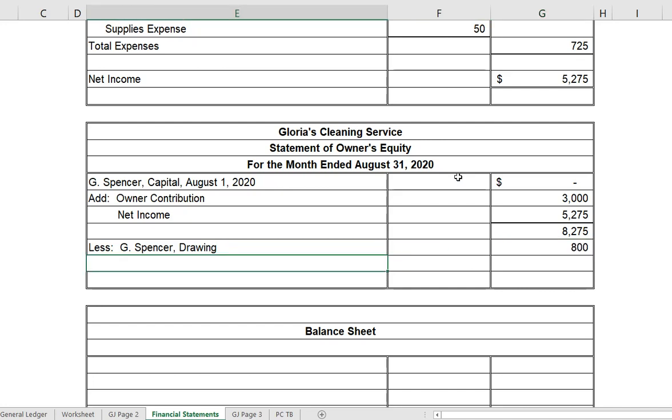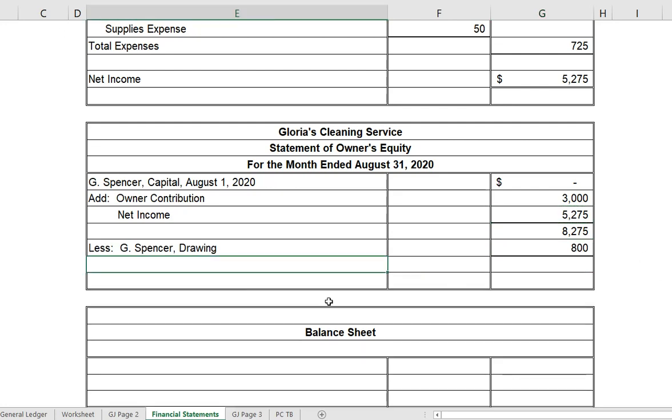Okay, I'm going to. And next is G. Spencer, comma capital, August 31, 2020. And that indicates that's our capital balance at the end of the period. So I'm going to borrow this formatting.